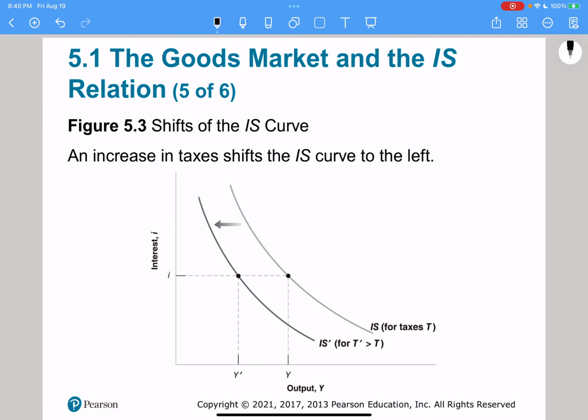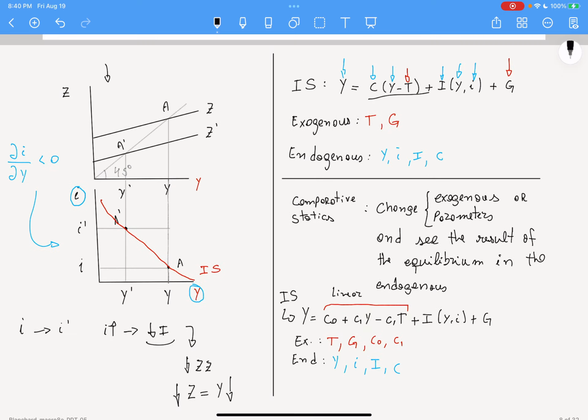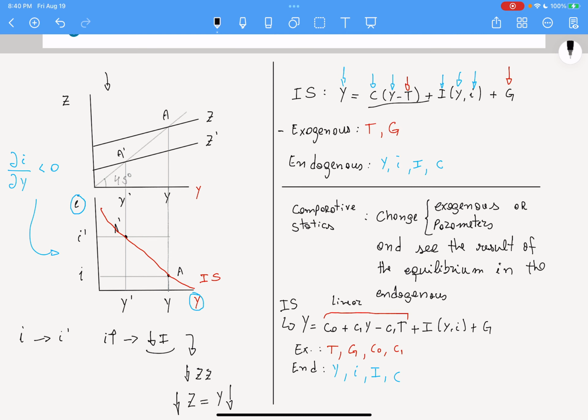So let's see what happens when the curve is shifted. Let's use this example here. The example is the following: an increase in taxes. Why is this going to shift the curve? Because we are using the movement of an exogenous variable.